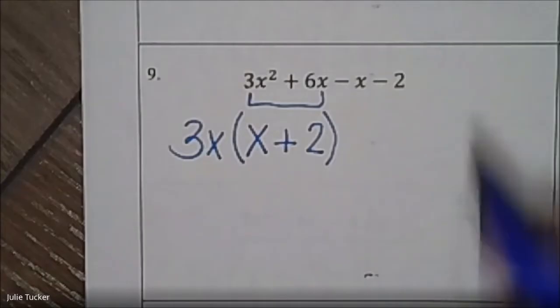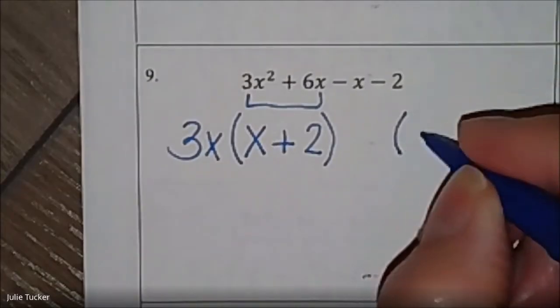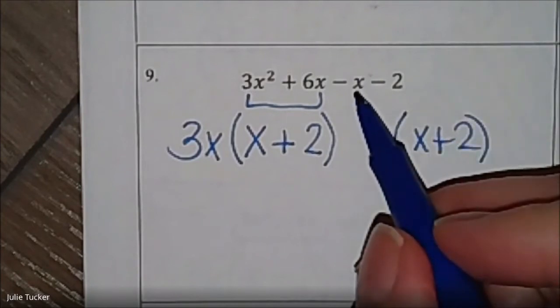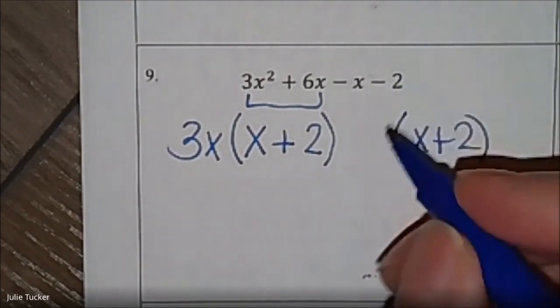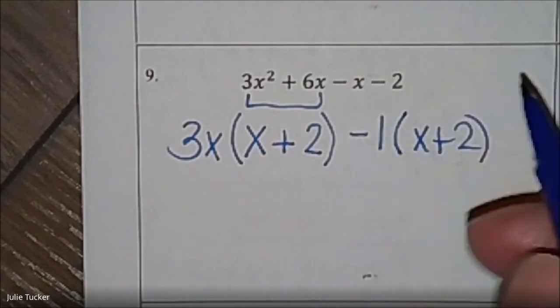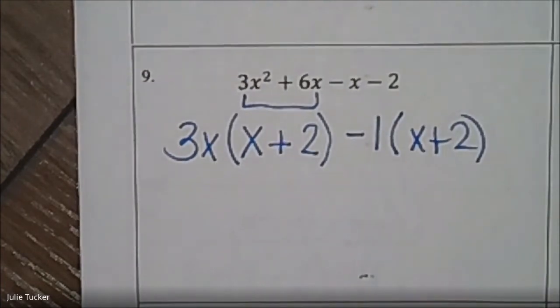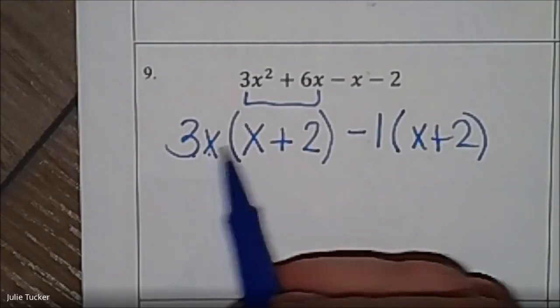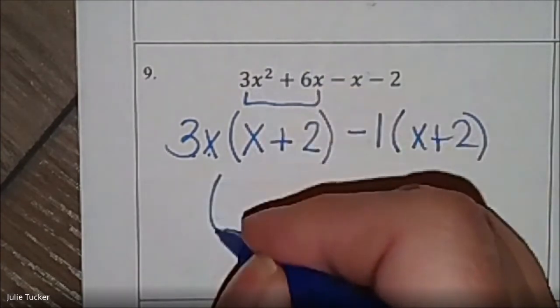Okay. Now we need another x plus 2 over here. And then since this is a negative x, I have to put a negative 1 here to make it into the problem. Then I have to put the 3x with the negative 1 together.